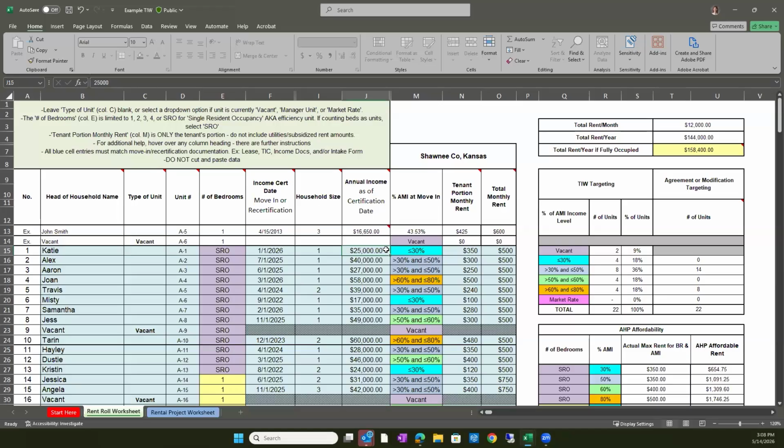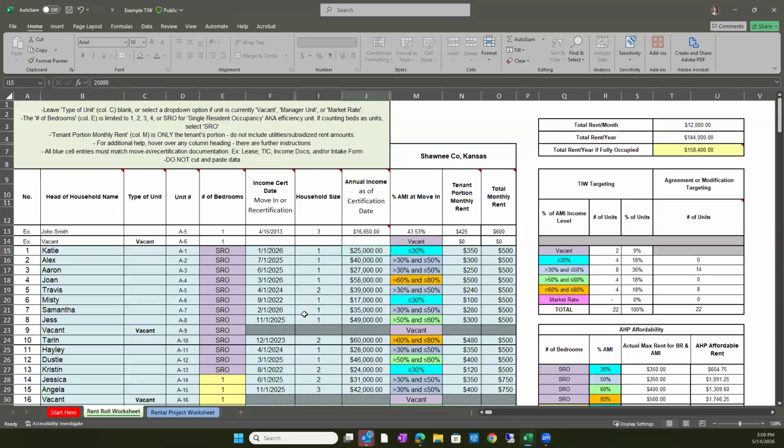Okay, so another question. Is it correct to say that the rent roll workbook is for rehab only applications and the rental project workbook is for acquisition rehab applications? Not necessarily.